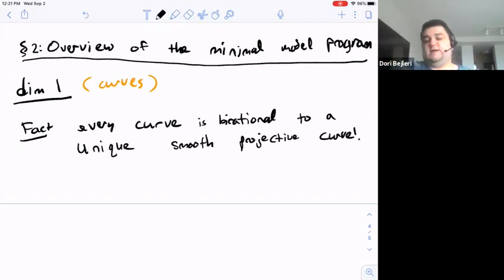So for curves, this classification up to birational equivalence is actually the same as classification up to isomorphism if we restrict to the smooth projective case. So that makes things quite a bit easier.